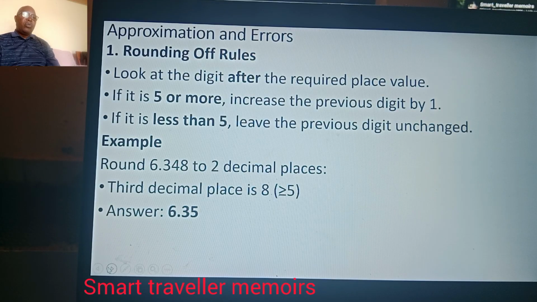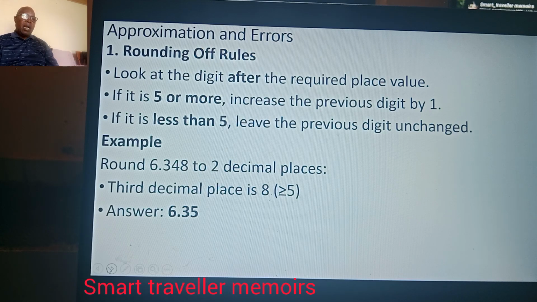Rounding off rules. Look at the digit after the required place value. If it is 5 or more, increase the previous digit by 1. If it is less than 5, leave the previous digit unchanged.